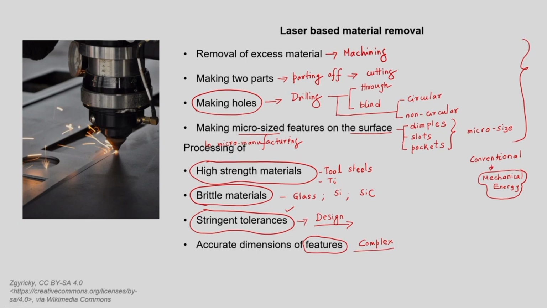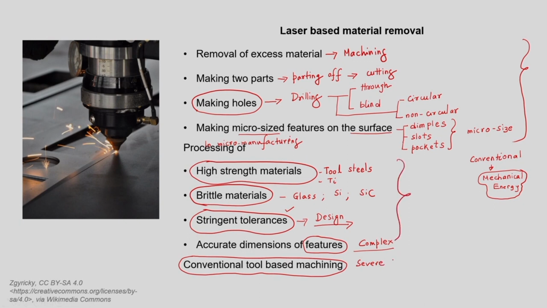We are finding it difficult to satisfy all these requirements by using the mechanical energy. So, the conventional tool based machining processes are finding it difficult. They are having severe limitations for these requirements.